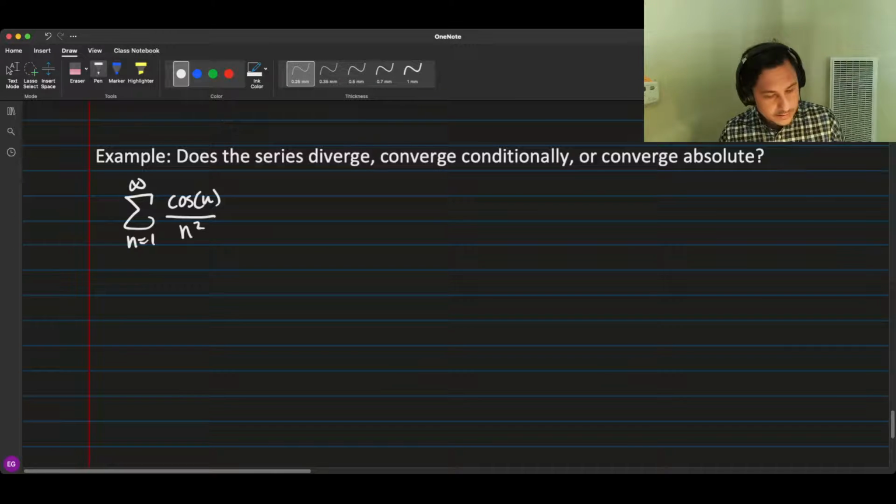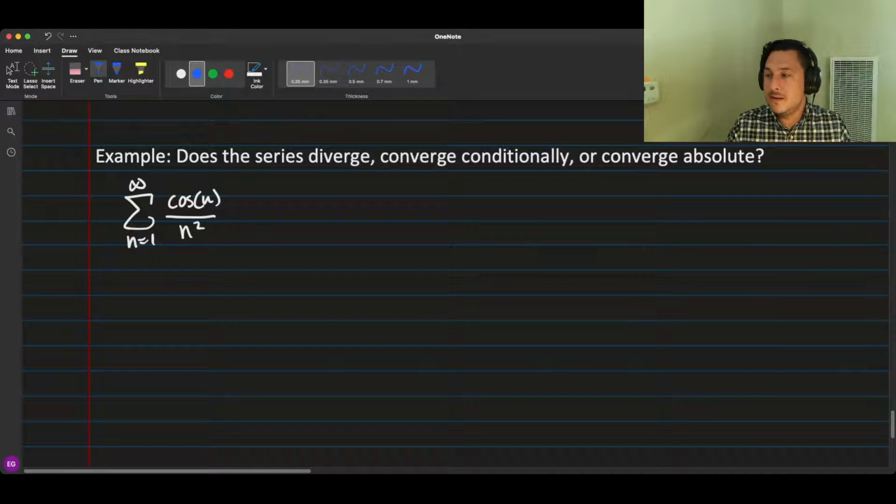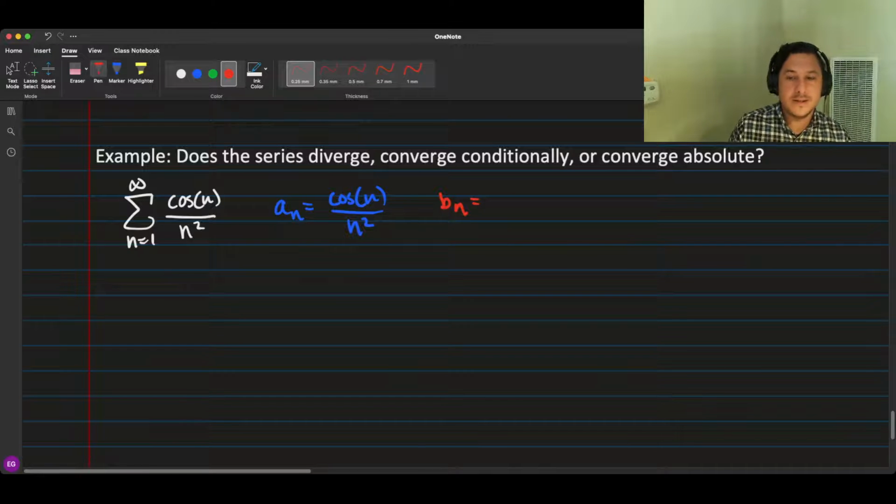So if this is your a_n equals cosine n over n squared, what did I tell you the rule was for choosing something to compare it to? What was my tip?